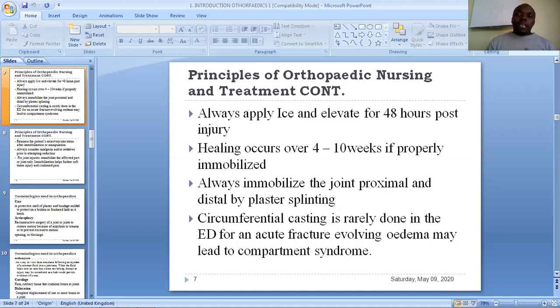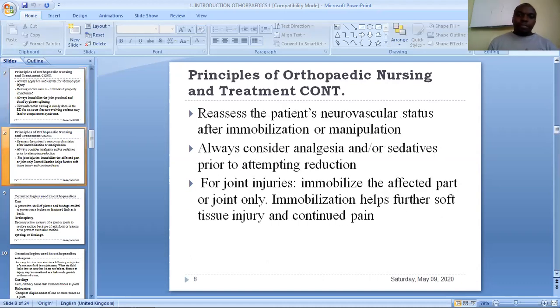They first ensure that the edema has subsided by either application of ice, elevation of the limb, like what happens in the health institutions. The other principle states that reassess the patient's neurovascular status after immobilization or manipulation.